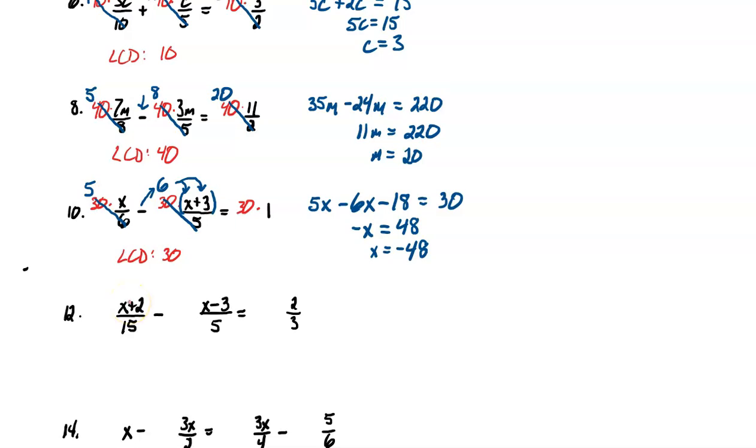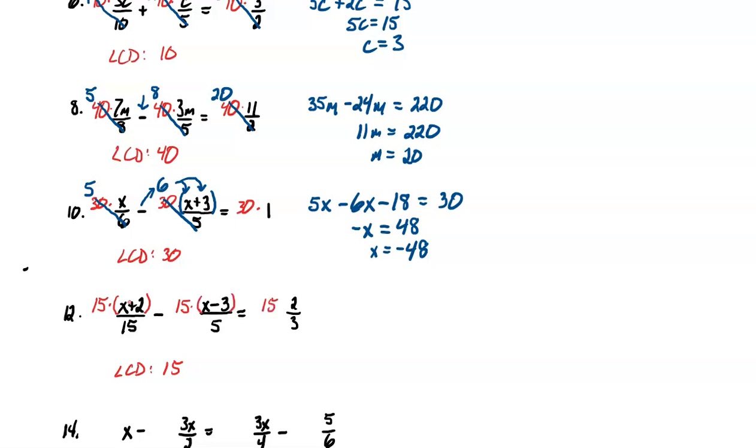Number 12, the LCD of these three denominators is the number 15. Multiply by 15. Don't forget when you're multiplying to a binomial that you need parentheses to do the distributive property. Multiply by 15 here.